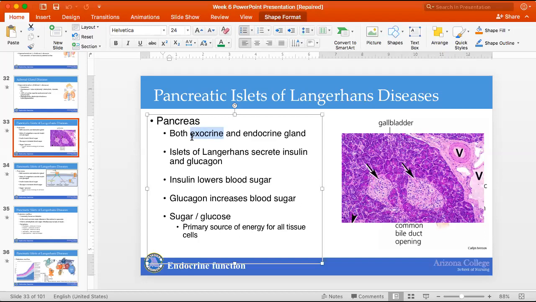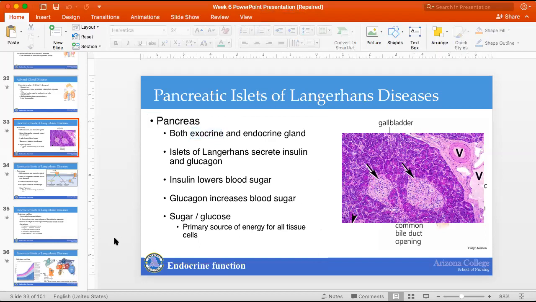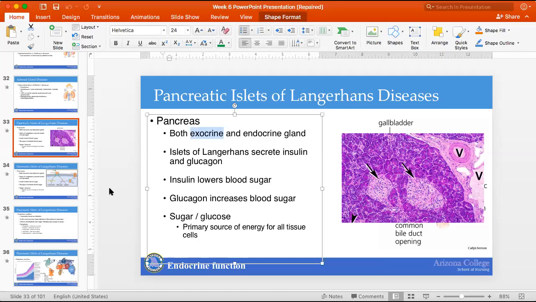You don't get inside the body until it's absorbed at some point along the intestinal tract. So because you are releasing pancreatic juice into the small intestine, it's also referred to as an exocrine gland.